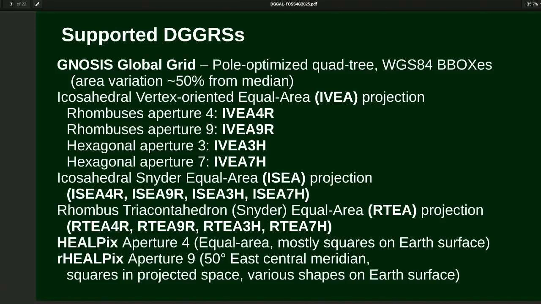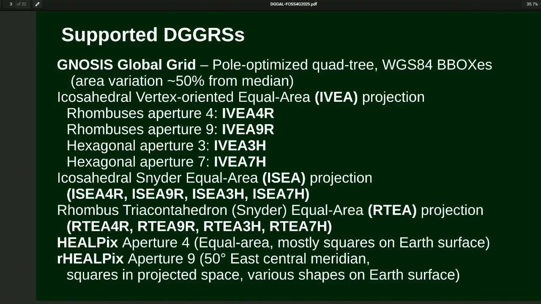These three projections all work with the exact same method, except there's a different choice of vertices from which the great circles map to straight lines. If you just change which vertex you pick to trace the great circles, you get these three different projections. That's why we support all of the types of tessellation on all three, because the code is shared between these projections.